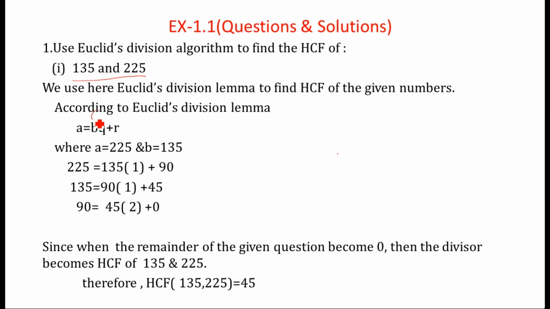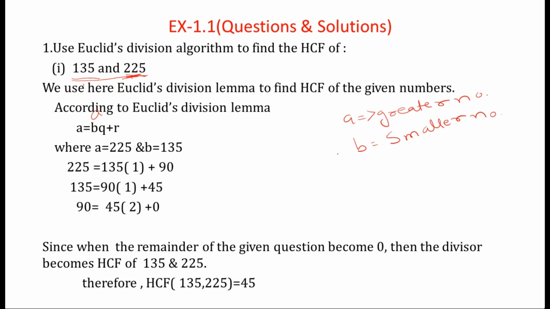Here we take a as the greater number, whereas b is the smaller number. Between 135 and 225, the greater number is 225. Therefore, we take a as 225 and b as 135.